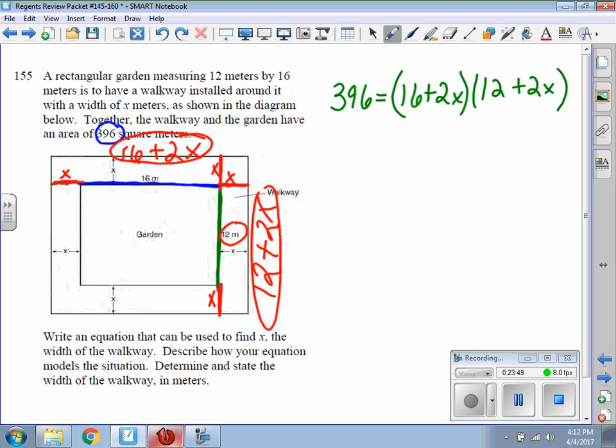If you write small, you're going to be able to fit all of this in here. Okay, so now it says describe how your equation models the situation. You know what? With my diagrams in here, with these pluses and stuff, it kind of does describe it, but you could go into more detail and say that the length is 16 and 2 walkways.